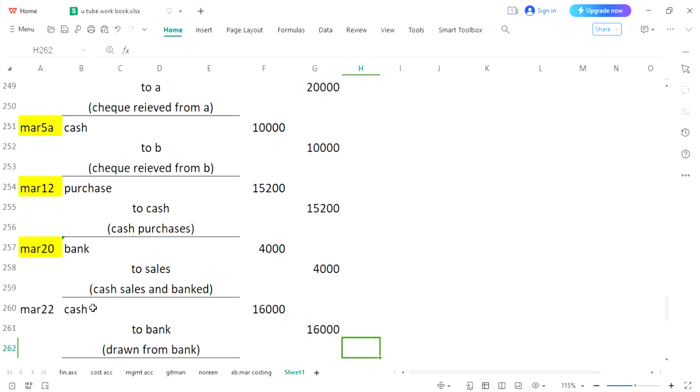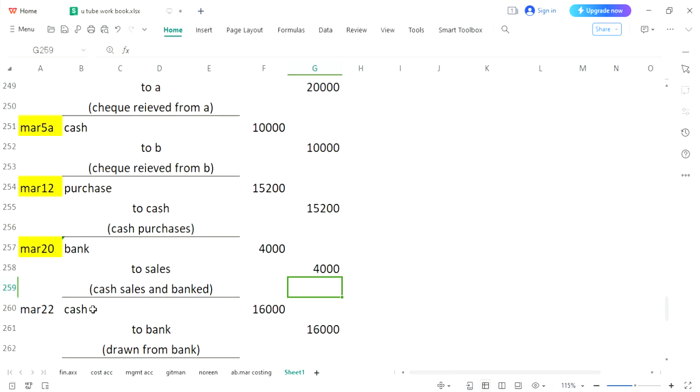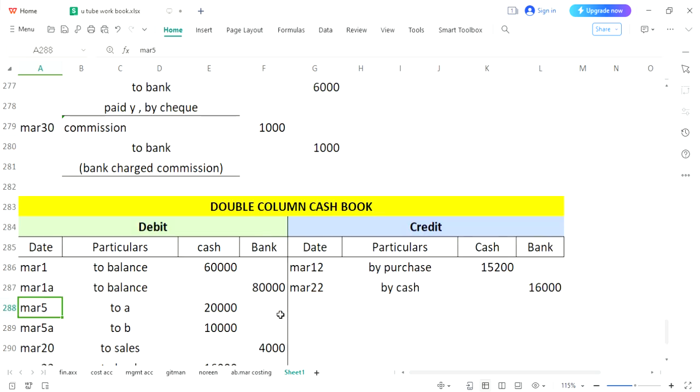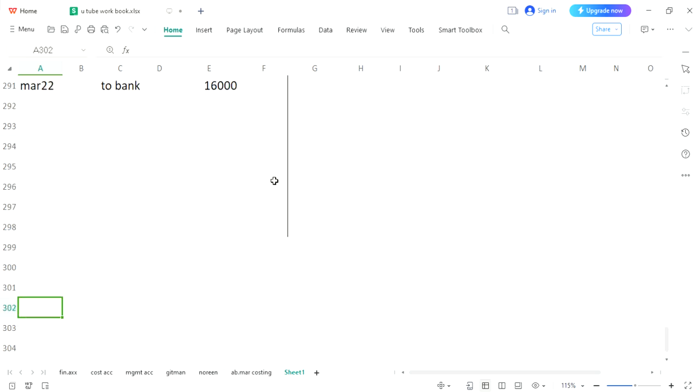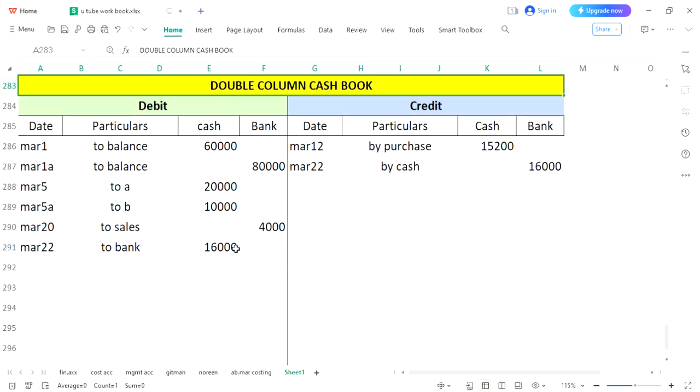What is written on the opposite side? Cash. So we will put by cash over here. In this way, March 22 entry has been completed. There were two effects, and both effects we have entered: cash debit, bank credit. As you can see that cash was debited by 16,000, bank was credited 16,000.